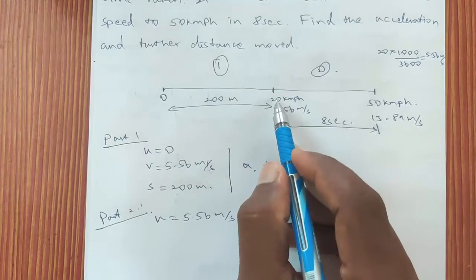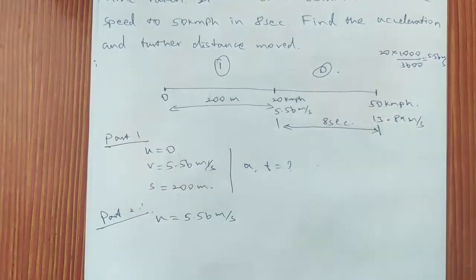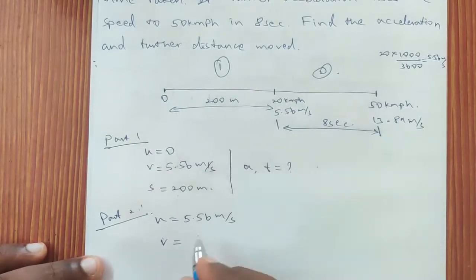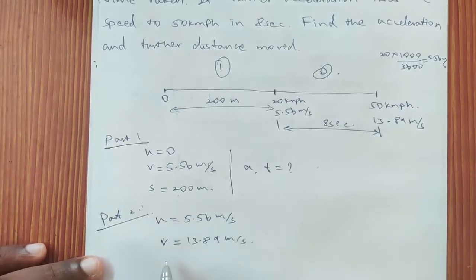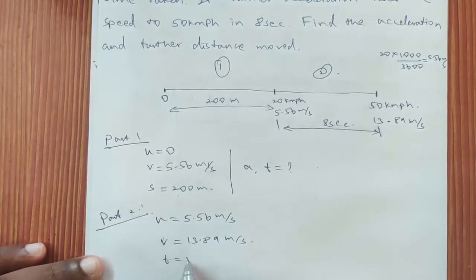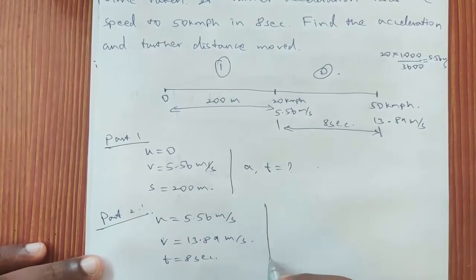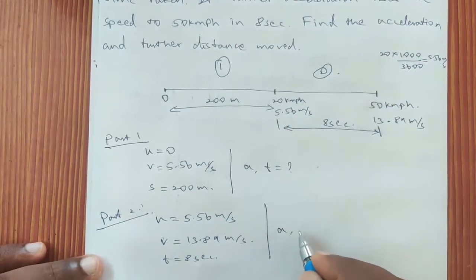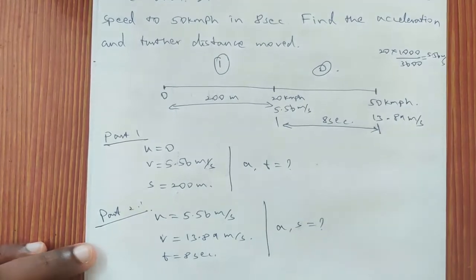The end point of part 1 is the starting point of part 2, and v is the final velocity of part 2. It is 13.89 meters per second and t is equal to 8 seconds, and we have to calculate the acceleration and the distance traveled. a and s we have to calculate.